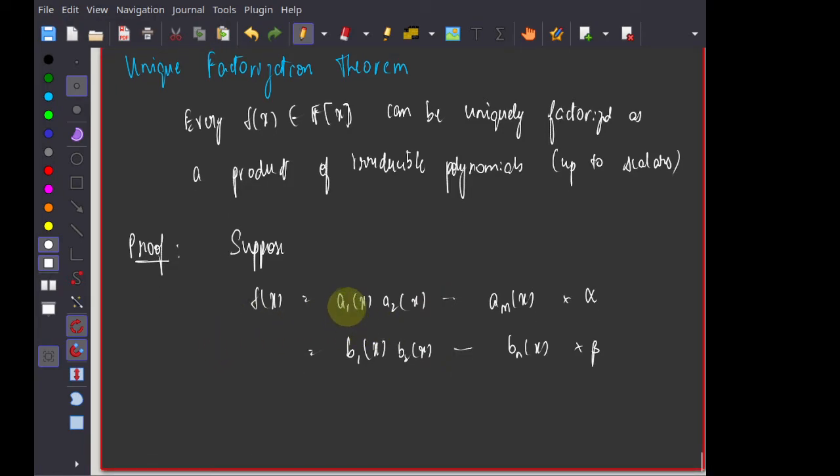Now, obviously a1 divides f(x). So a1 should divide the product of these: a1(x) divides b1(x), b2(x) to bn(x).